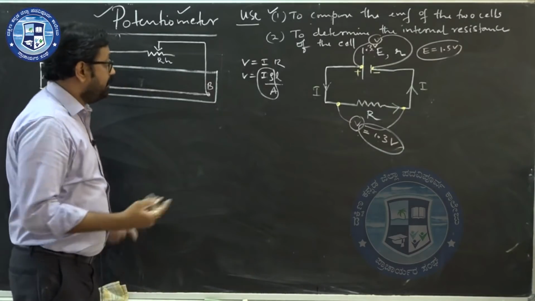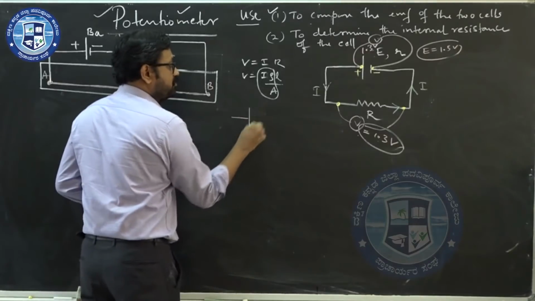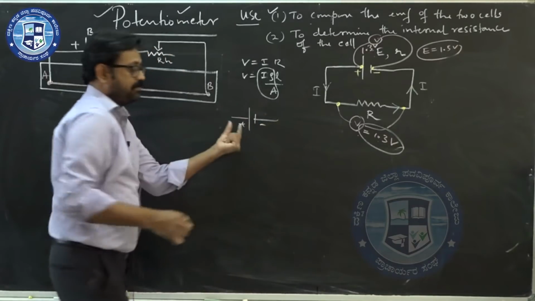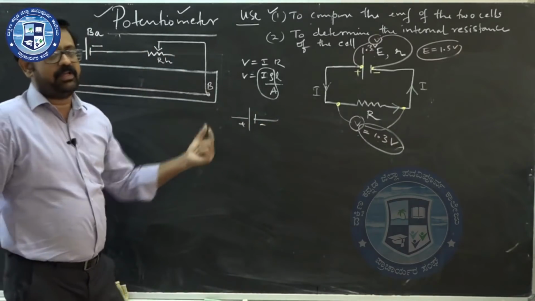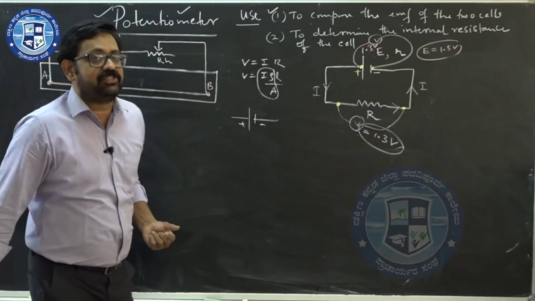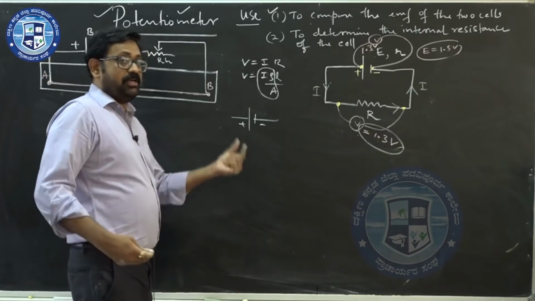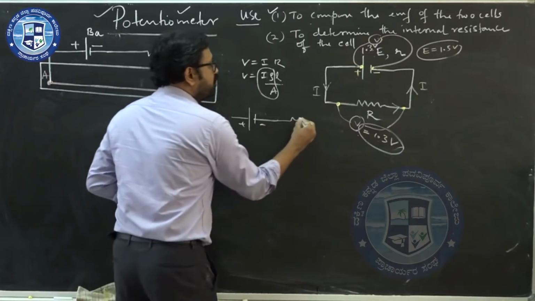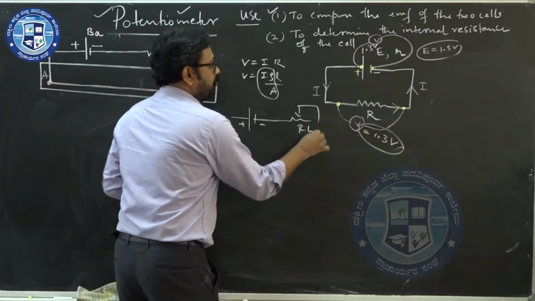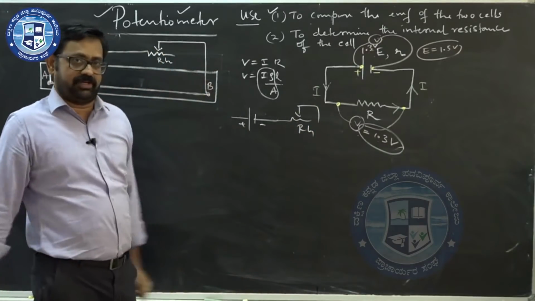Understood? And there is something called a variable battery also. So this is a circuit symbol of a fixed battery, where there is no option to vary the voltage. If you want to vary the voltage and you are using this battery, you have to include a rheostat in the circuit. By using a rheostat, you can vary the voltage.